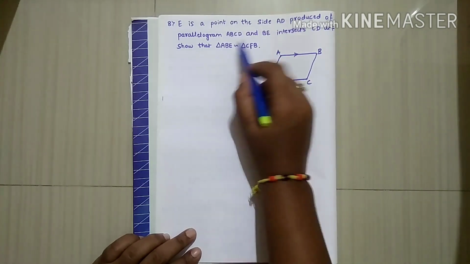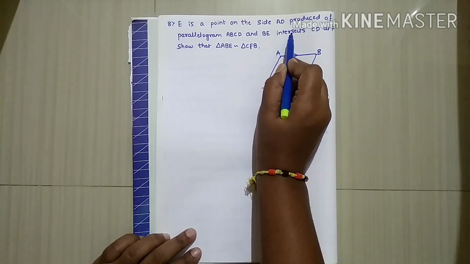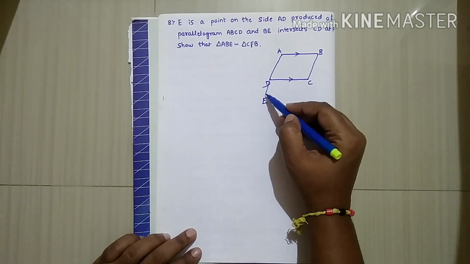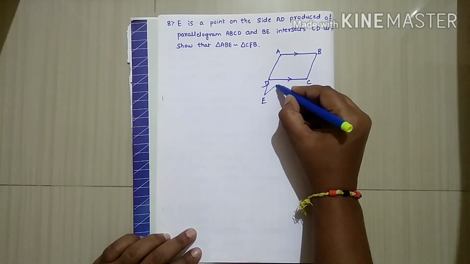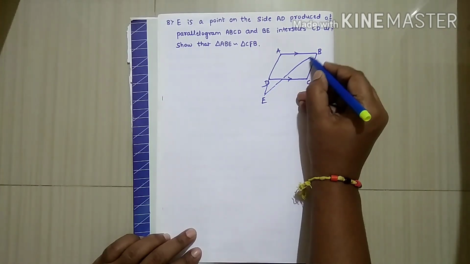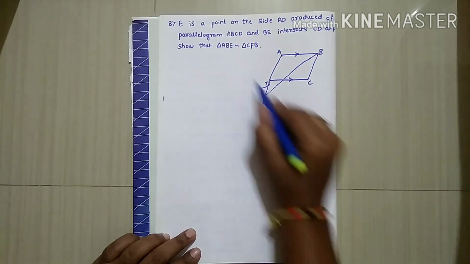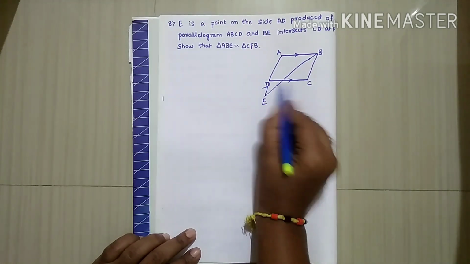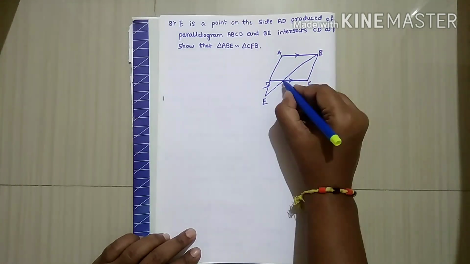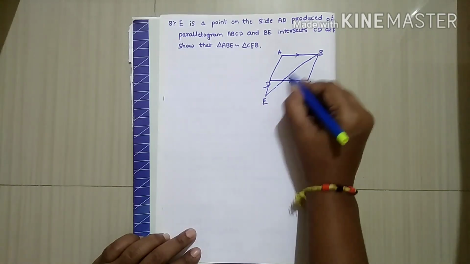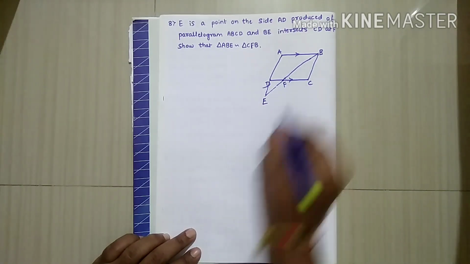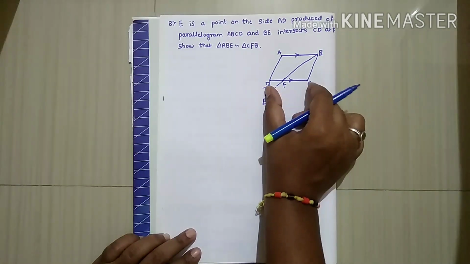Then, if you want to get the BE line, you have to join B to E like this. Now BE intersects CD at a point F. This point where BE intersects CD is called point F.